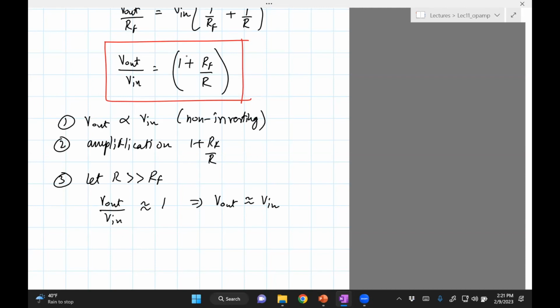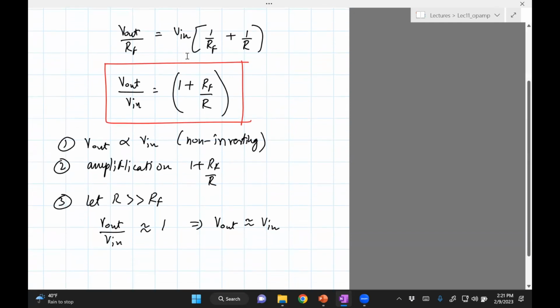And why would you use the operational amplifier in this configuration? It turns out that an operational amplifier, because of its nature of high impedance at the input and low impedance at the output, actually acts like a circuit which buffers the input from the output. So it will prevent your output from being damaged, because it will not allow a large current to flow because it has a very high input impedance.